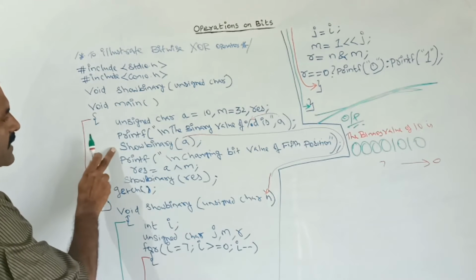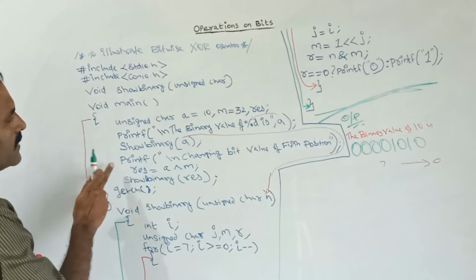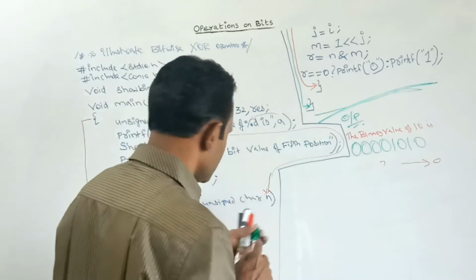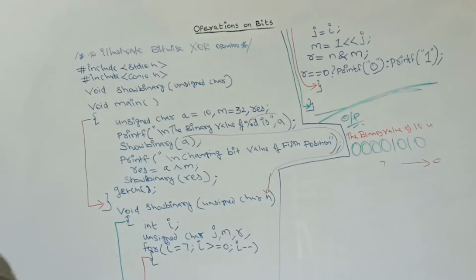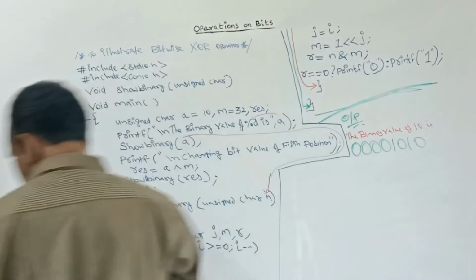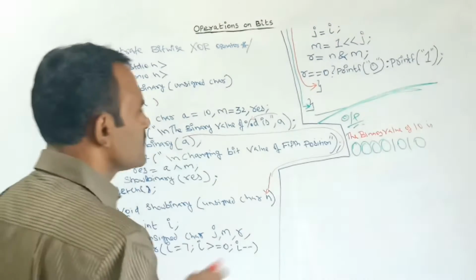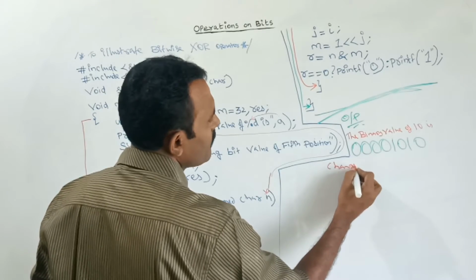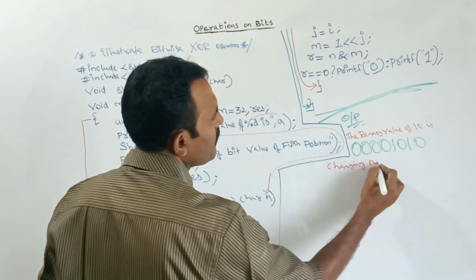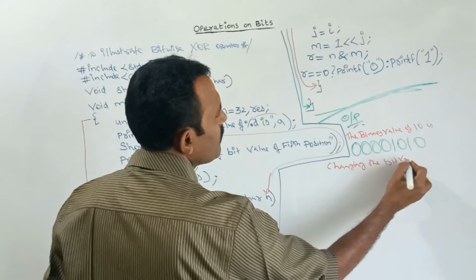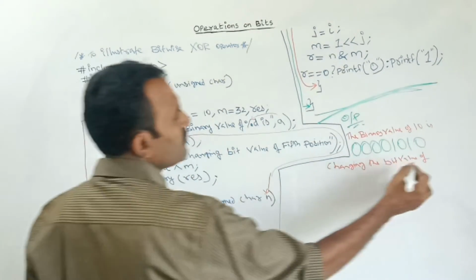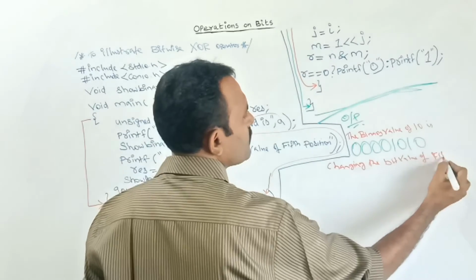So next from here, next step I am telling printf, here changing the bit value of 5th position. So this message will display here, that is changing the bit value of 5th position.